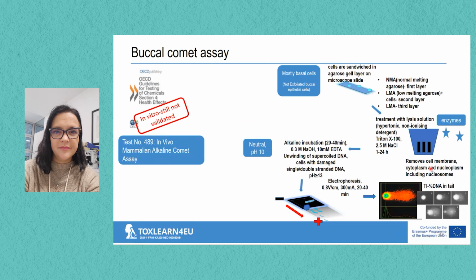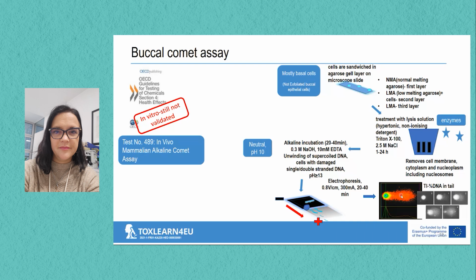After that step, there goes the denaturation, either neutral with pH 10 or alkaline with pH 13. This denaturation serves for unwinding of the supercoiled DNA so that the nucleus is relaxed. So if there is some kind of DNA damage when the microscopic slides go to electrophoresis after the denaturation, these fragments can go through the electrophoresis field, while the nucleus cannot because of the size of the agarose pores.